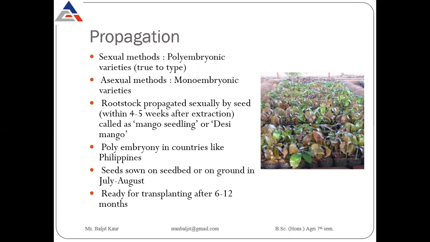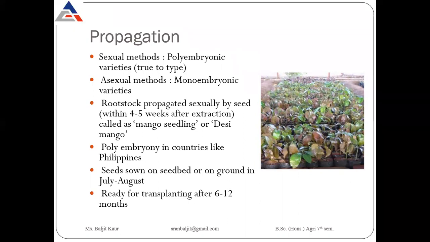So if we want our seedlings to have maximum germination, then we should sow the seed within 4 to 5 weeks after extraction. This rootstock is known as mango seedling or desi mango, right?